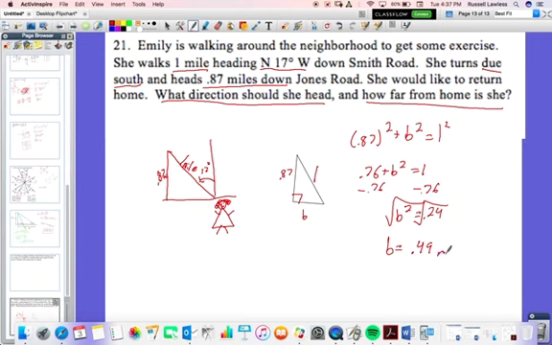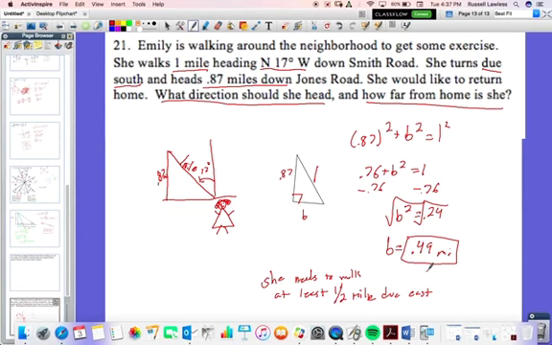So you could say that she needs to walk 0.49 miles due east, or you could say she needs to walk at least 1/2 a mile due east if she's trying to get home.